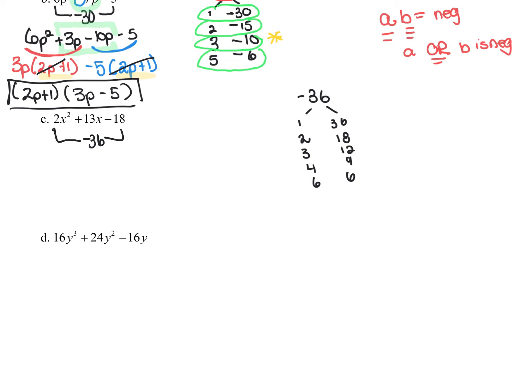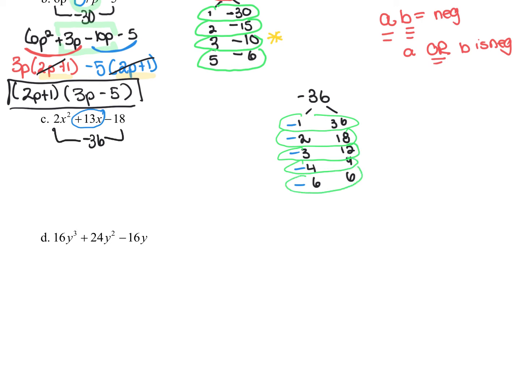Because it's negative, one of them has to be negative, just one of them. And my middle term this time is positive, so that tells me that my smaller ones are going to be the negative, and my bigger ones are going to be the positive. So here's my pair, here's another possible pair, another pair, last pair.